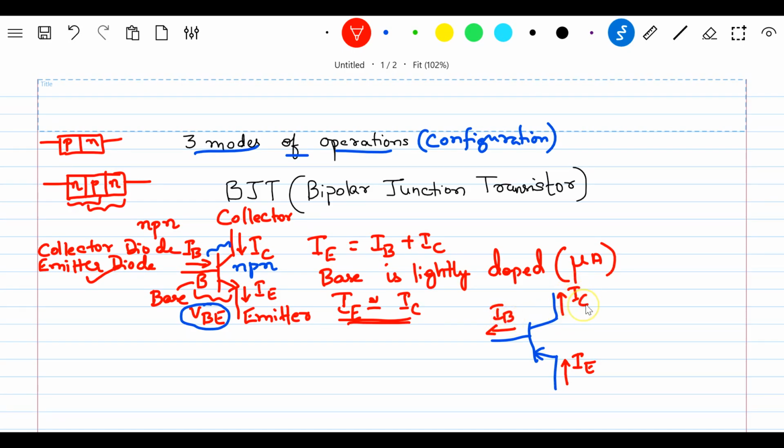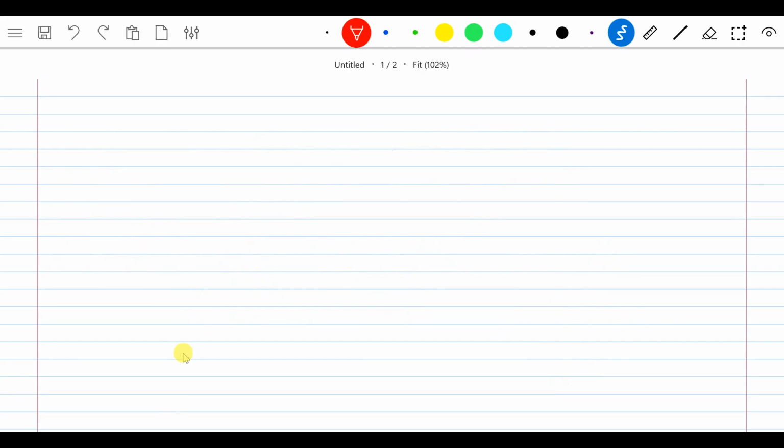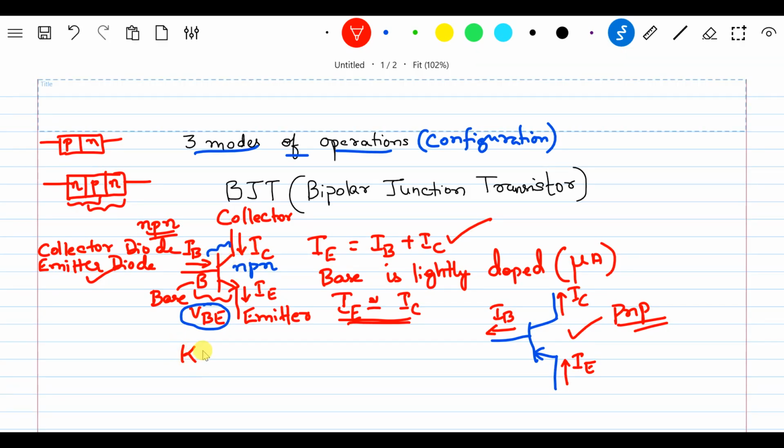So the equation I wrote here will remain the same even for a PNP transistor. Either you take a PNP or an NPN transistor, the equation IE equals IB plus IC will remain the same. Here you all know about KCL, Kirchhoff's current law, which is used here.